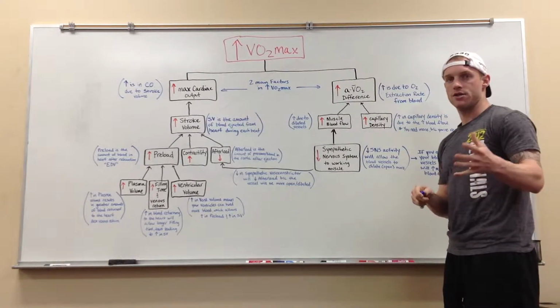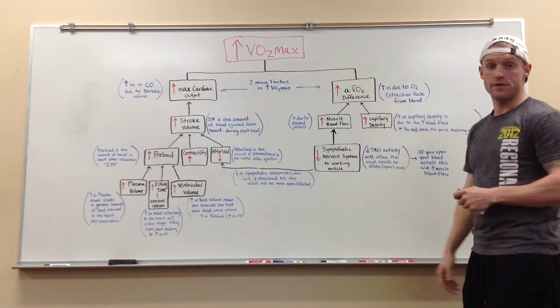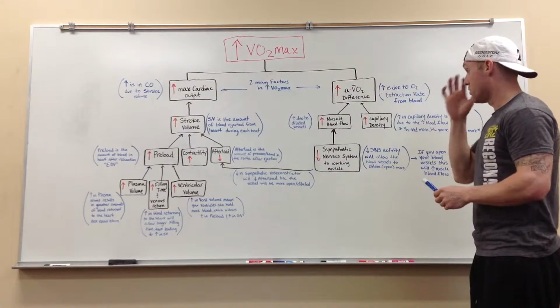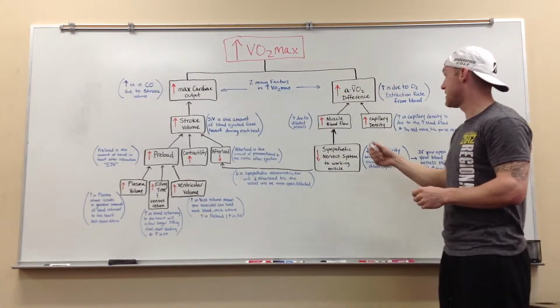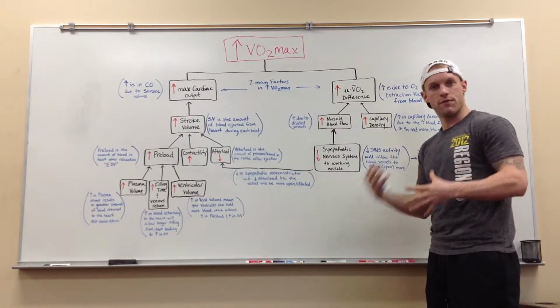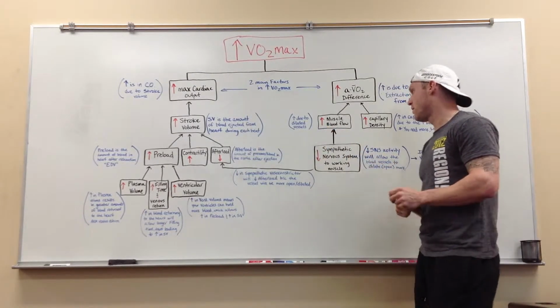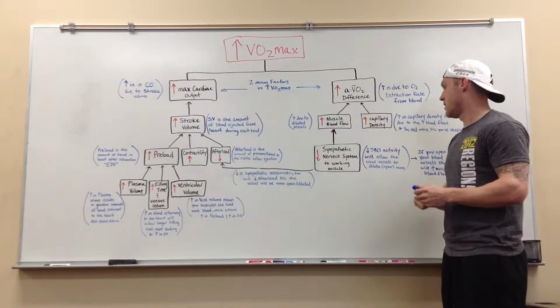So how much oxygen can get pulled in from the blood is where the AVO2 difference comes from, okay? So you have ultimately two things that influence the extraction rate of oxygen from your blood, and that would be muscle blood flow and capillary density.